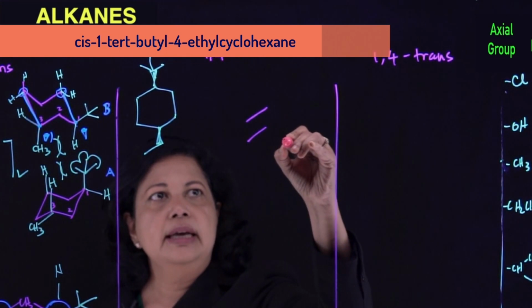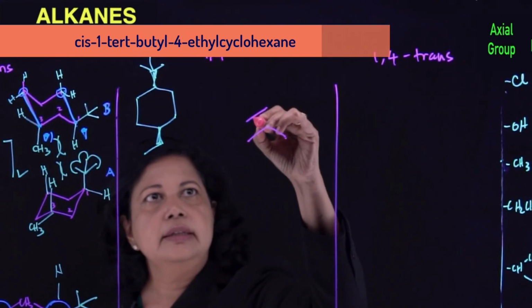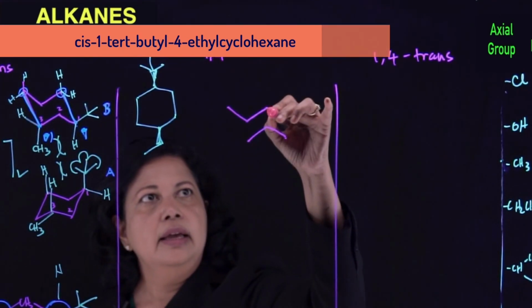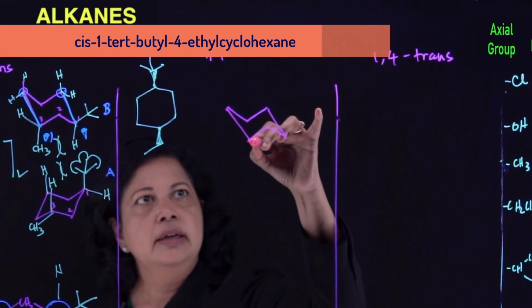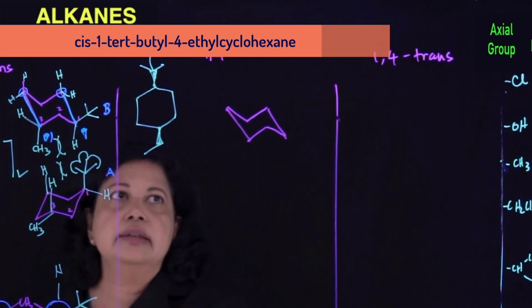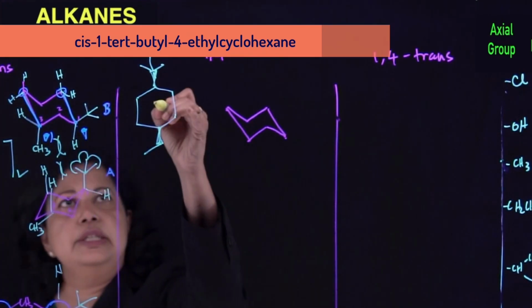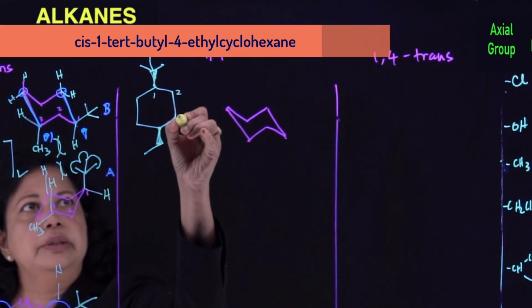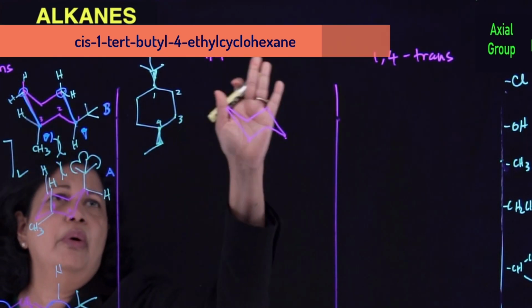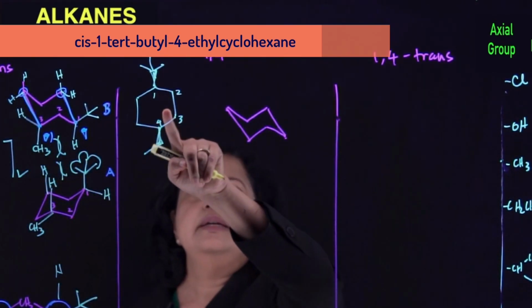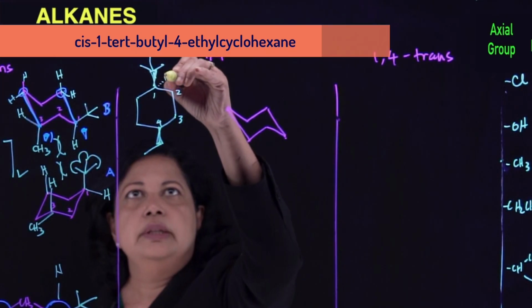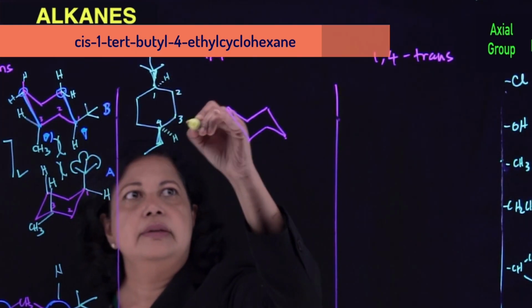Put the two parallel lines and then you connect the dots there. And then you make your chair. And now you can put your vertical lines and your equatorial lines at the positions where the substituents are. 1, 2, 3, 4. You don't have to show all of the hydrogens, but it's good to show the hydrogens where the substituents are placed. So on the 1 and the 4.